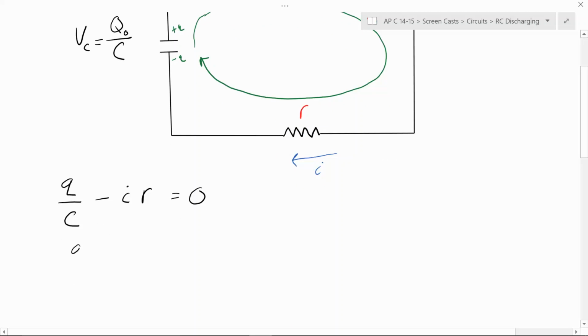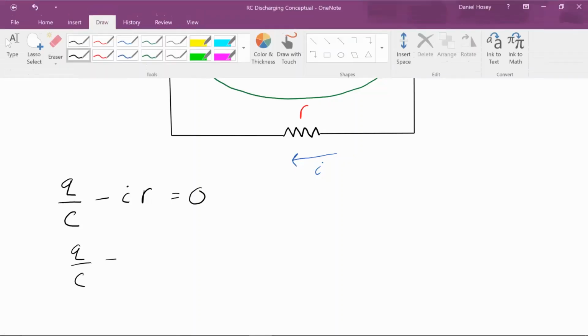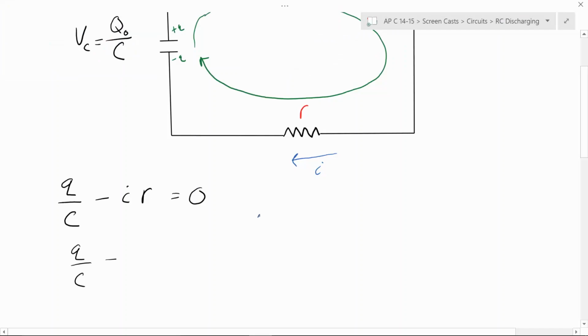Now, much like with a charging capacitor, you can replace I with dq dt, but you've got to be a little bit careful about the signs. You've got to be consistent, and this bothers people. So in this case, we have to say I equals negative dq dt. And you may be saying, what you talking about?